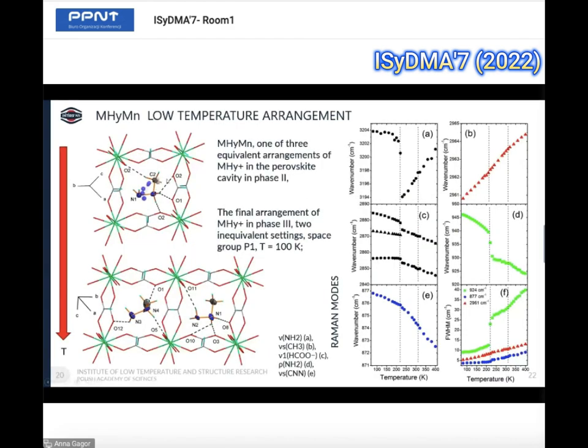With further cooling, again, we can block the movement of the amines totally, and at 100 K we have a well-ordered cationic substructure which interacts by hydrogen bonds with this distorted metal-organic framework. The phase transitions are well visible in the Raman spectra.